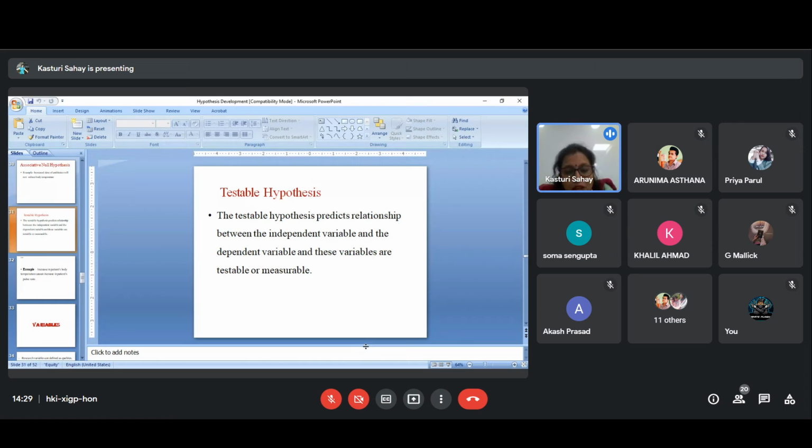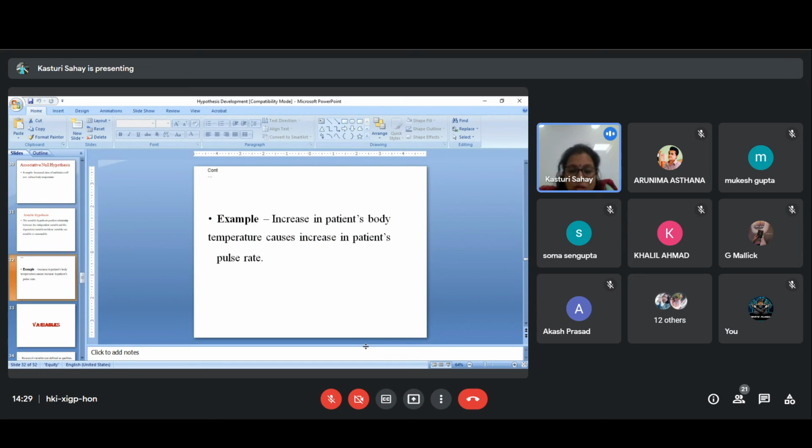That is such hypothesis in which you are predicting the independent and the dependent variable, and these variables are testable or measurable. So basically, when we do research, we form hypotheses which are testable. That is, you predict the relationship between dependent and independent, and the variables which you have mentioned in your hypothesis are testable or measurable, right?